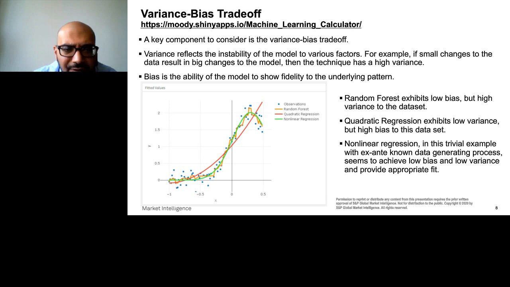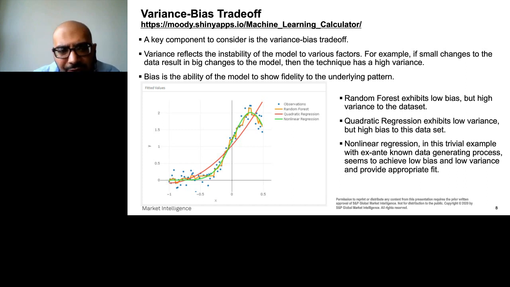Here we use random forest as the machine learning technique, and you can see the high bias models like nonlinear regressions and quadratic regressions generally follow a structural form, but they're not sensitive to small perturbations in the data set, so they cannot really adapt.